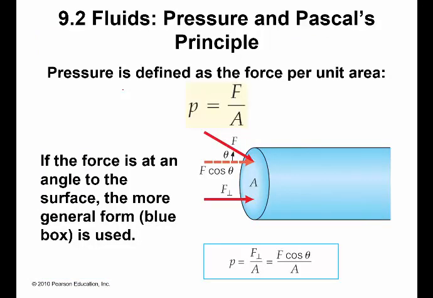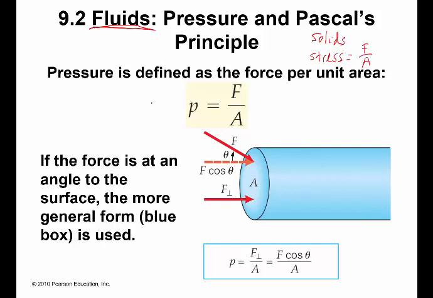So if we then move to fluids, we can still have something that is force per unit area. Remember, for solids this was the stress, and we said stress was equal to the force over the cross-sectional area.